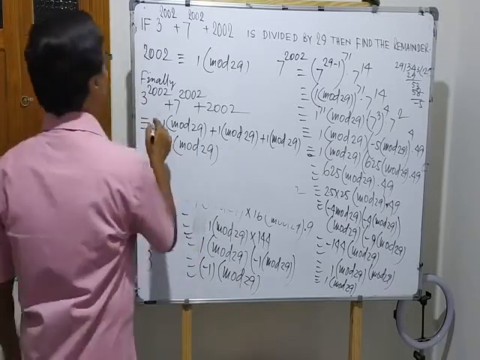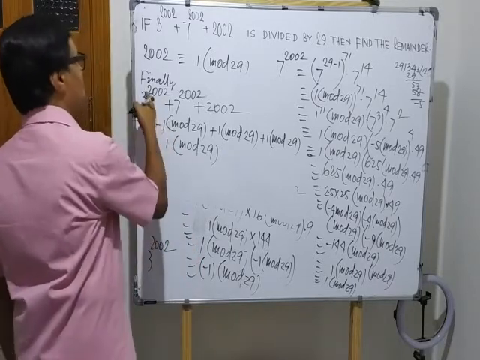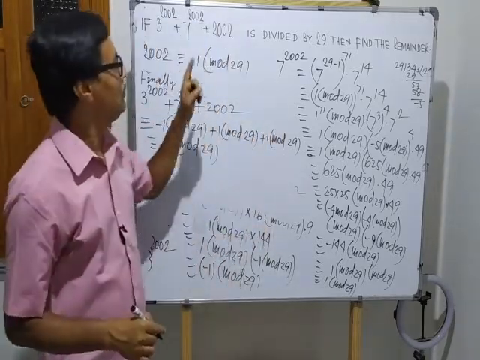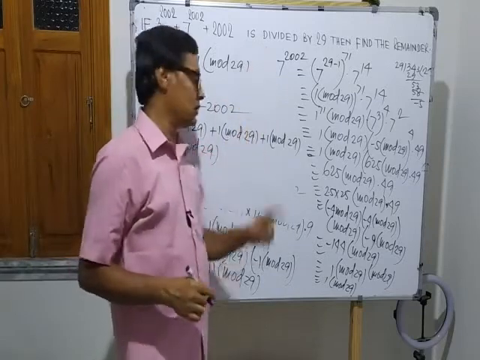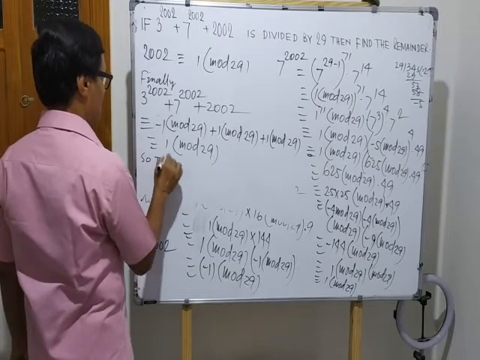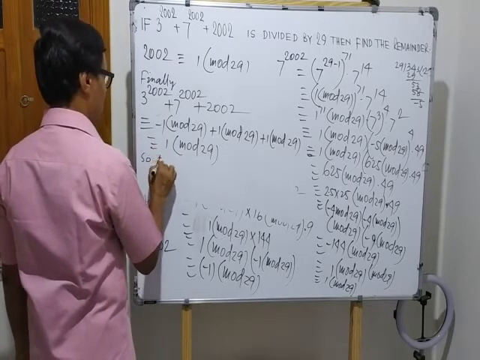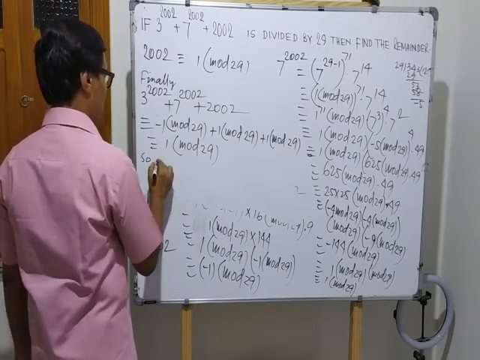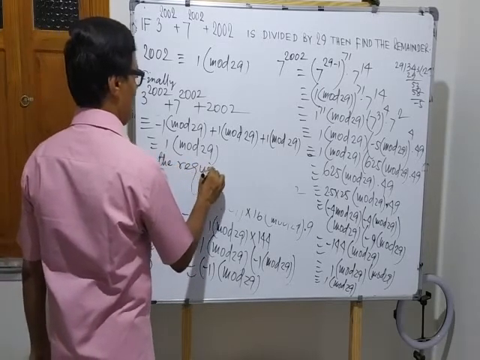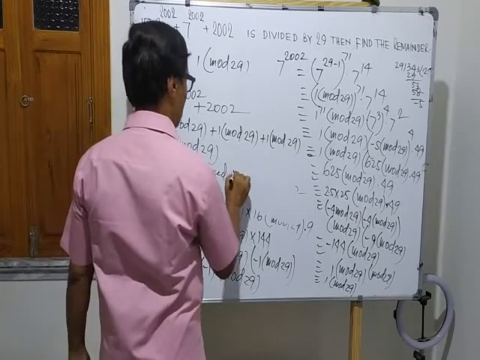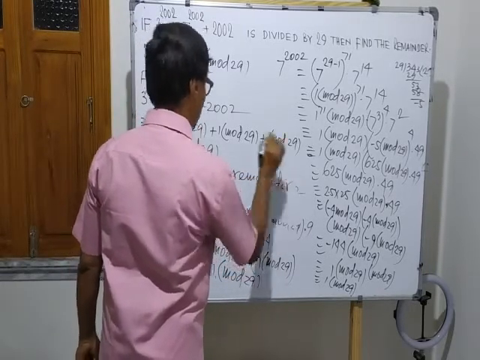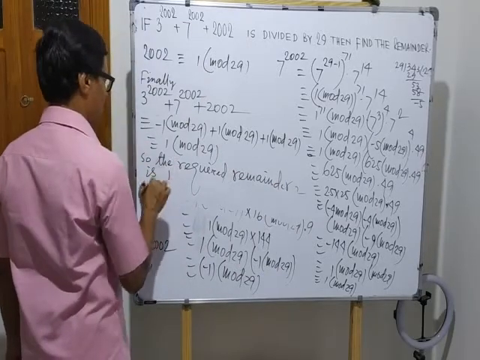So the required remainder of this division is 1.